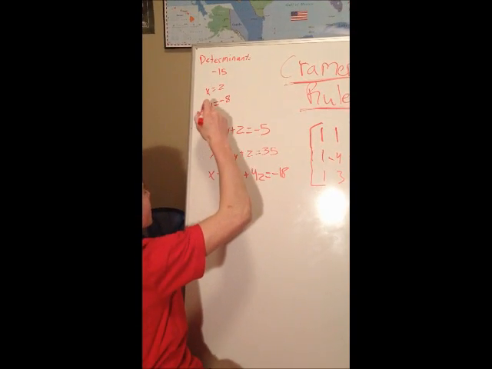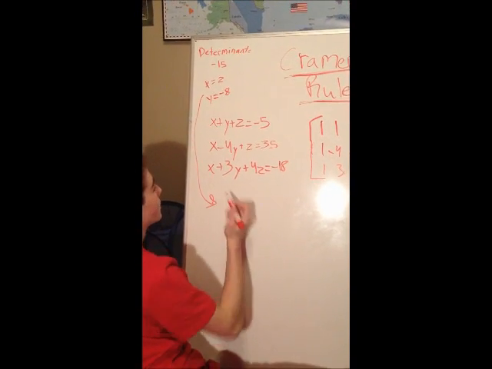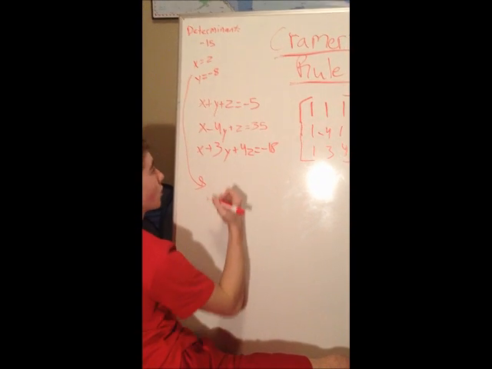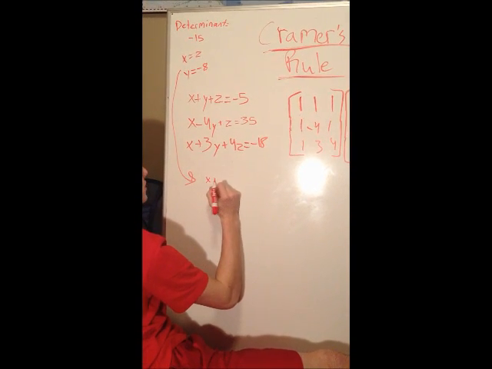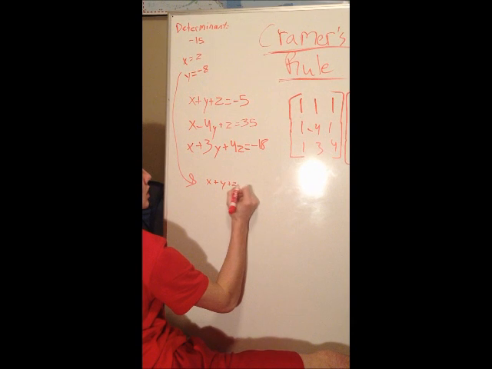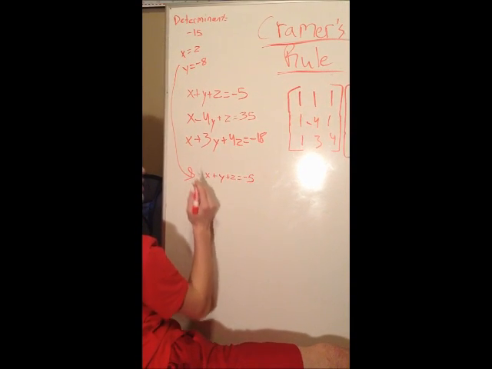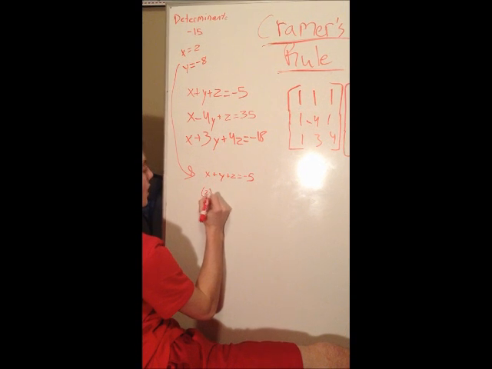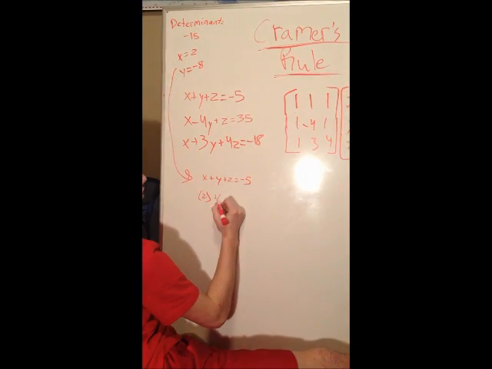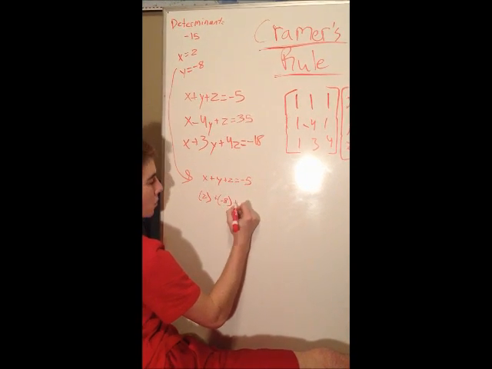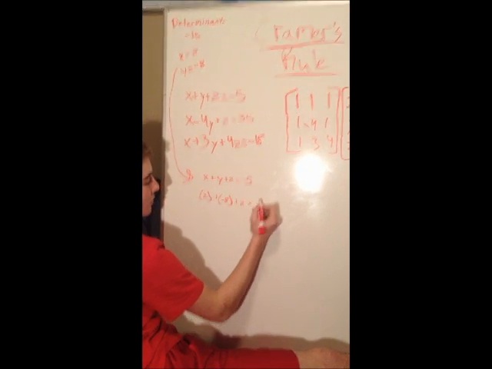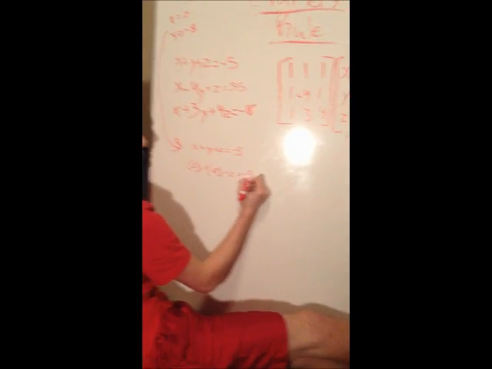So, we can bring those down here, and we can solve just plugging it into the equation. So, you have your basic equation, x plus y plus z equals negative 5. So, you can input the numbers, and you get 2 for x plus negative 8 for y plus z equals negative 5.